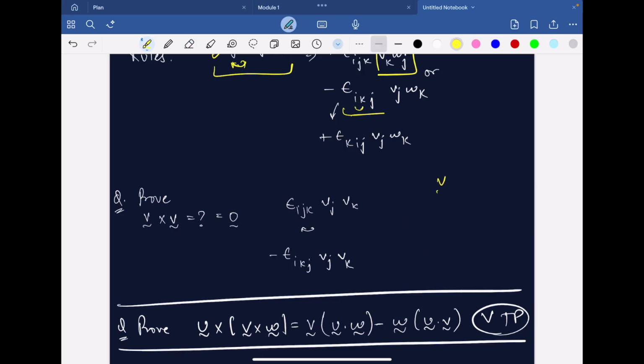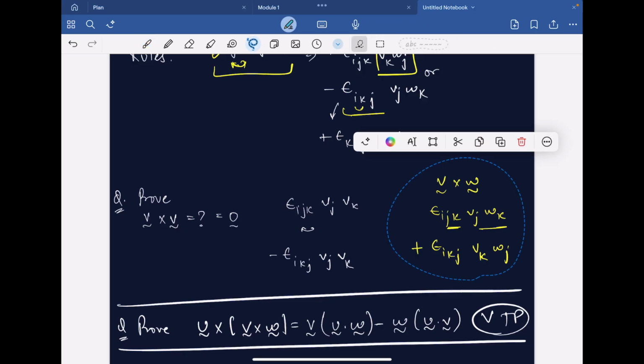Although here both v and v are the same, so it's inconsequential, let me just show you quickly. If you have v cross w and you write epsilon ijk vj wk, what I mean is that it will be plus if you make changes here and here: ikj vk wj. So this is something to keep in mind.